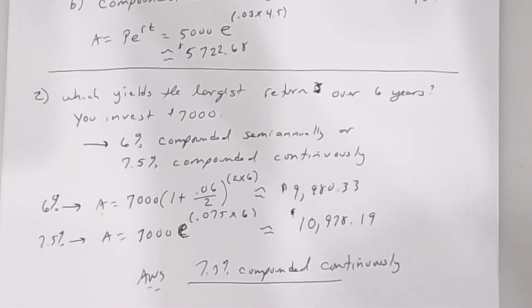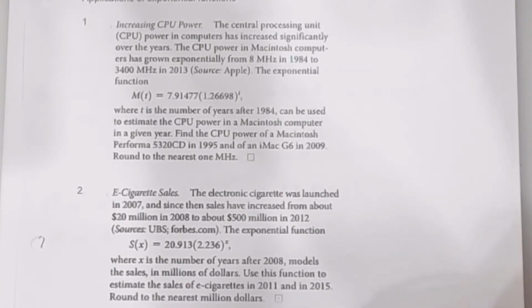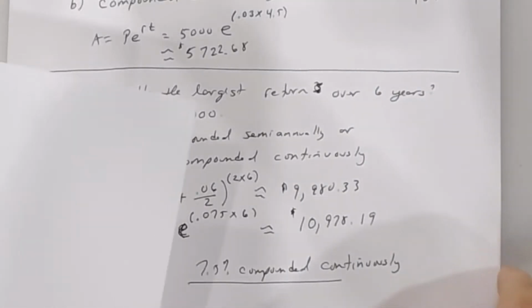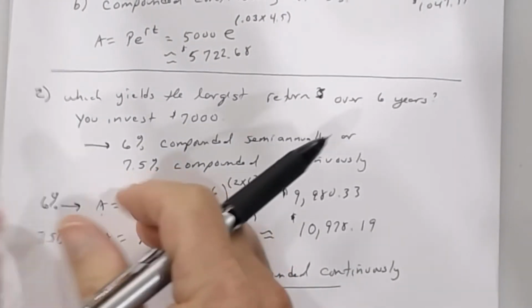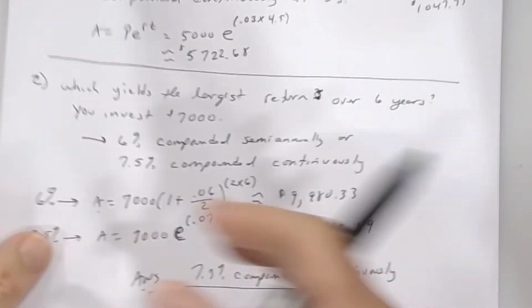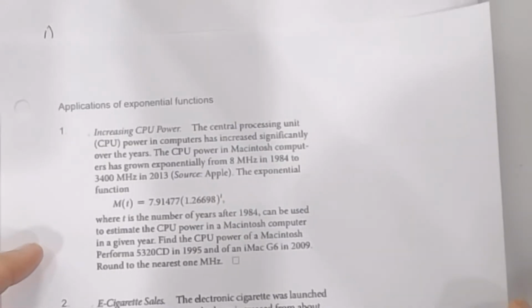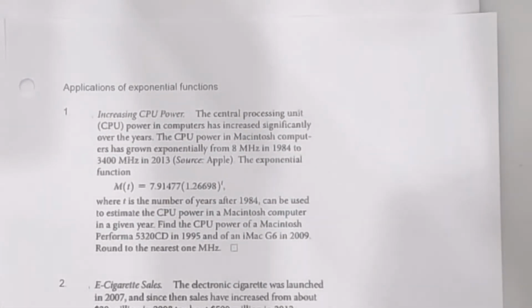Okay, so then another, one of the things you should have picked up off the table was this. You're going to take that out. Okay, so number one, it says the central processing unit, CPU power in computers has increased significantly over the years.